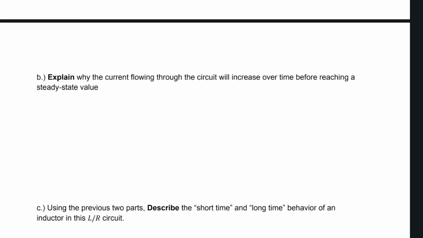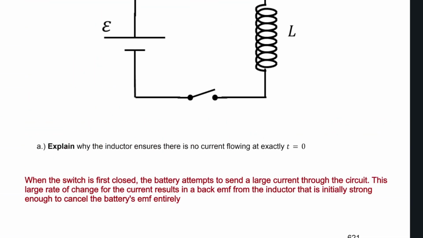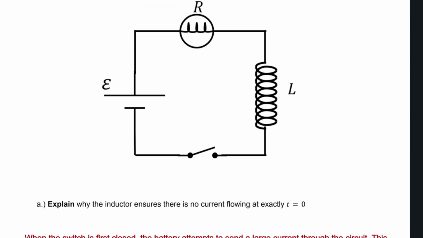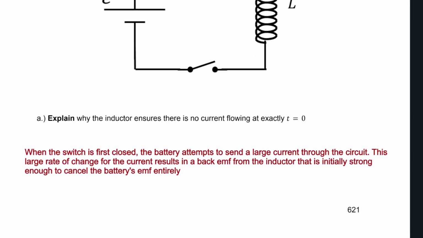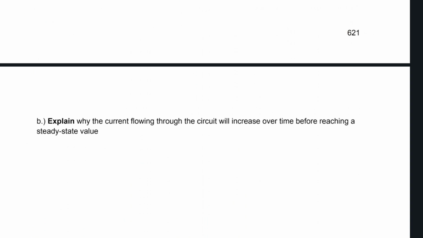But then, at long times, the current will actually begin to slowly increase until reaching some steady state value. This is the same thing going on, because the inductor resists the change in current, which is going to make the change in current go down, which is going to cause the back EMF to go down, which is going to cause the rate of current change to keep going down at some sort of decaying rate until we eventually get a steady state value.